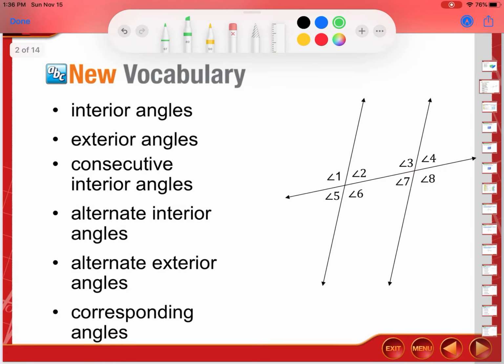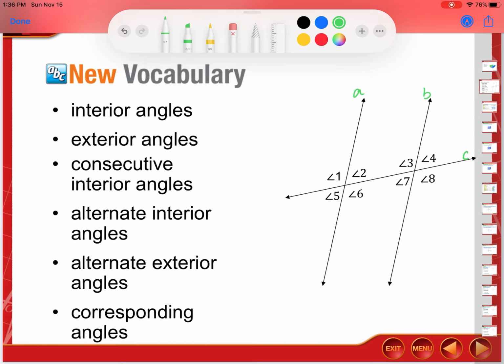Okay. And then transversal. We're going to use a picture on the other side for this. So a transversal is a line that cuts across 2 or more lines. So like on this page, if I labeled this line as A, this is B, and this line cutting across them is C, then C would be a transversal because it cuts across both lines A and B. So it's really just any line that cuts across 2 other lines.